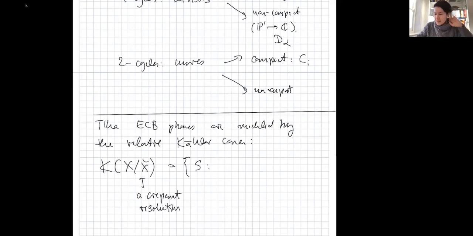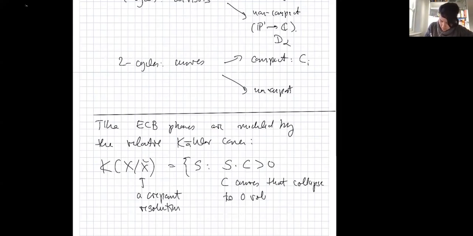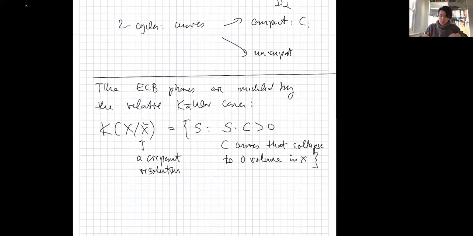So these are exactly compact divisors. We can think of them as compact divisors, or actually dually Kähler forms, (1,1) forms, such that if I take the intersection of these with curves, that's always positive. And here C are curves that collapse to zero volume in X. So the blow-up introduces divisors and curves, and we'll discuss examples in a moment.